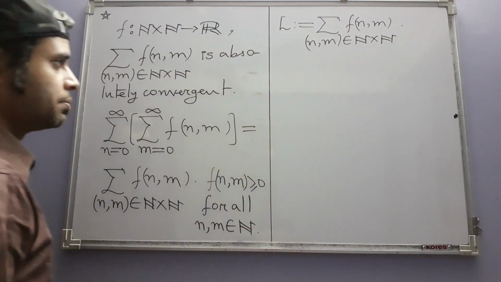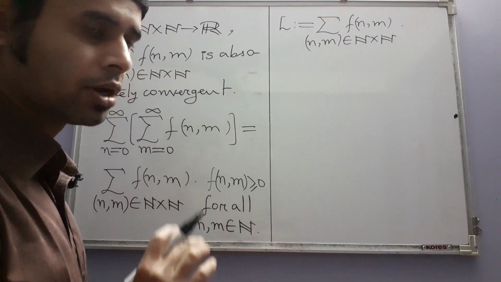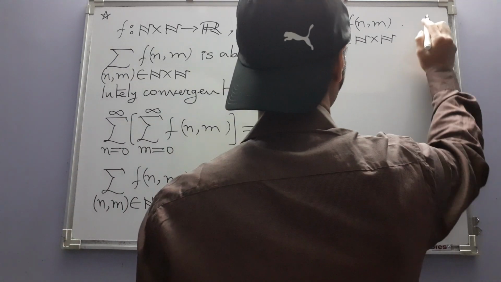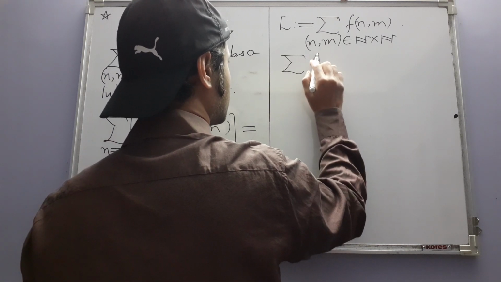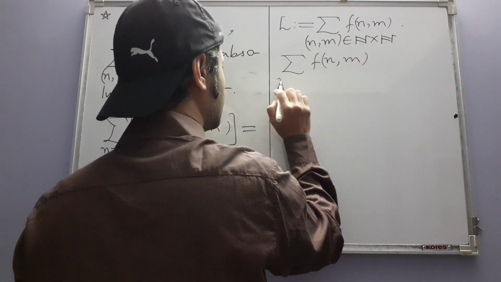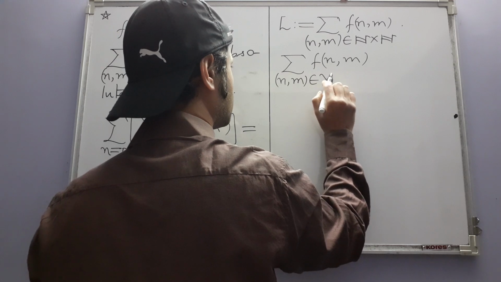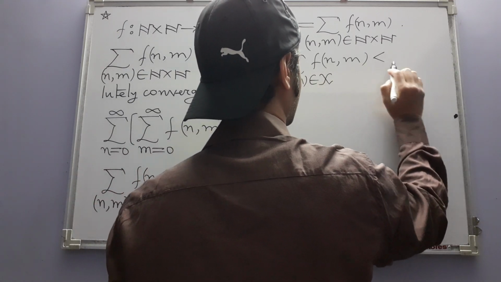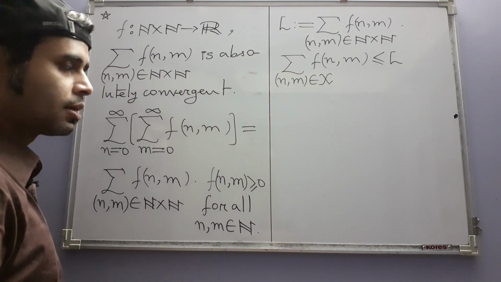And the thing that we proved in the previous video, besides proving that middle equality, is this, that this finite sum is less than or equal to L. Why do I say finite sum?